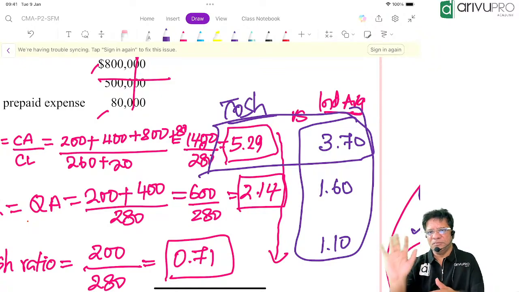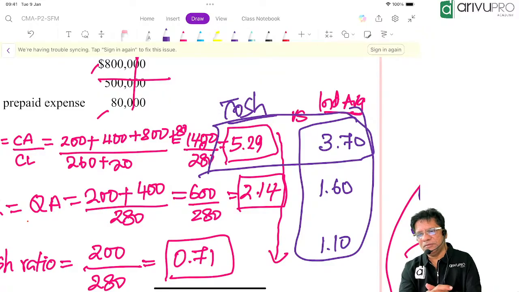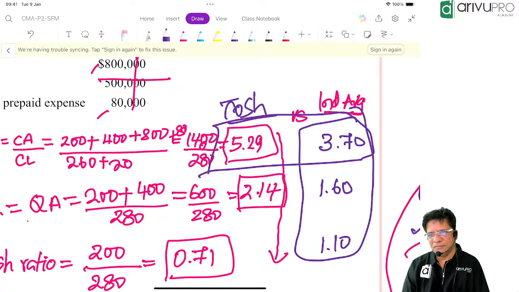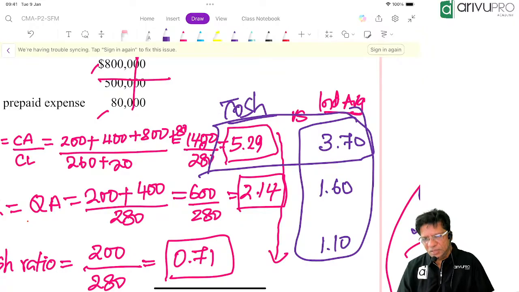My question, Riddhi: are you happy with 5.29 when your competitor is 3.7? It's a gut feeling. I shouldn't be happy because I should be lower than my industry.